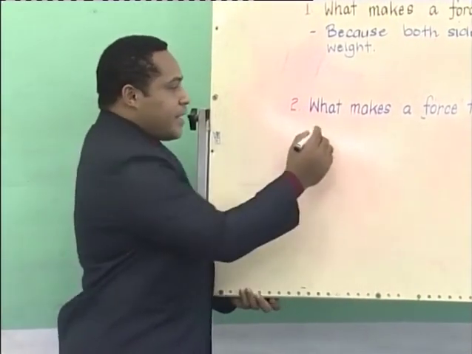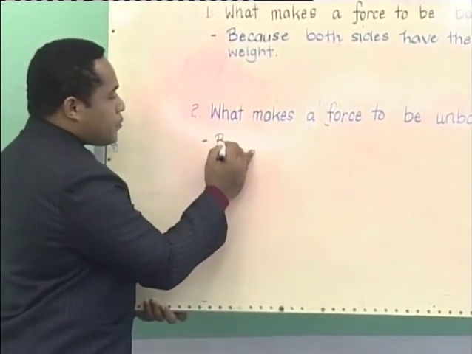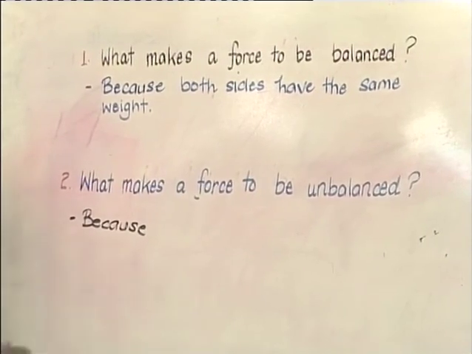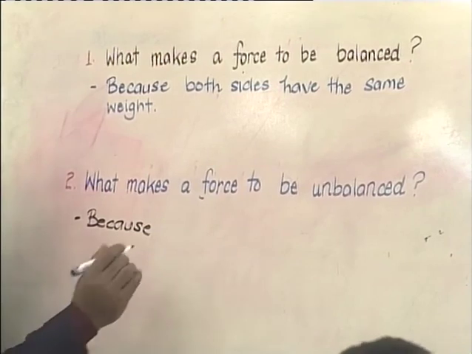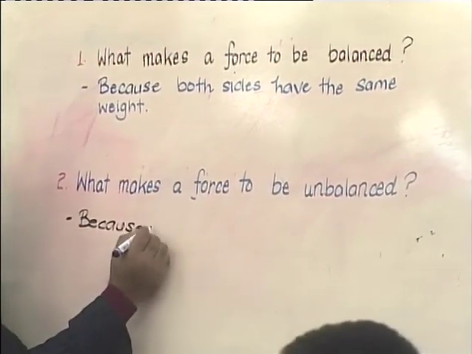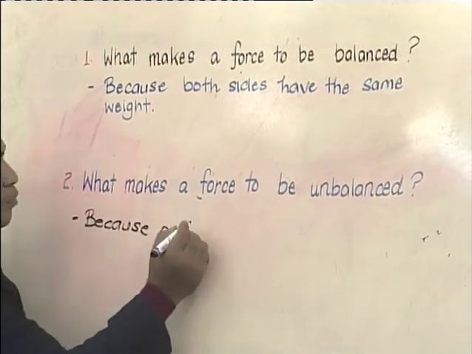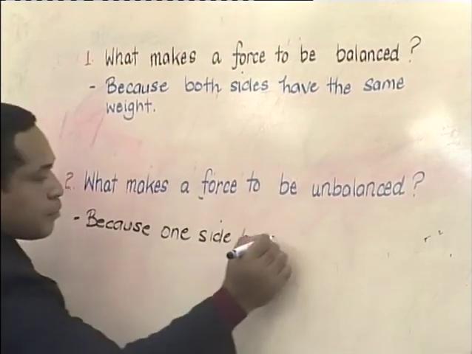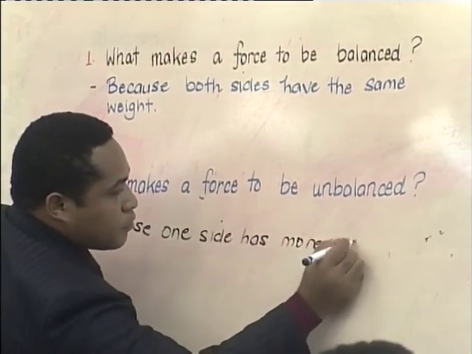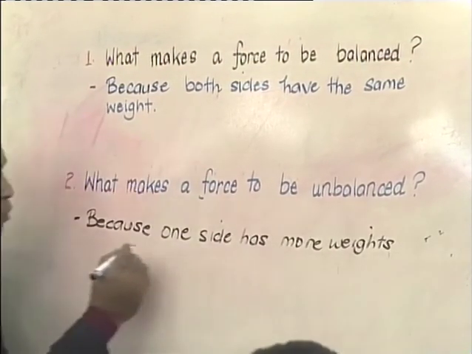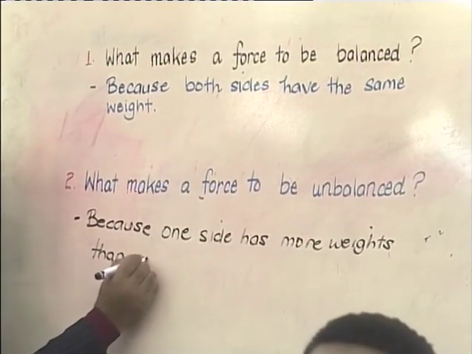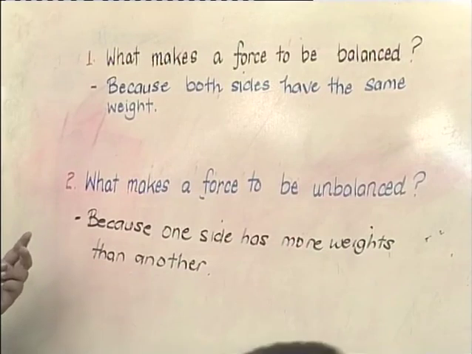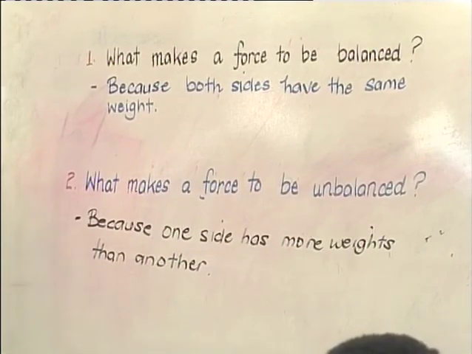So, all in all, we can say that because one side of the beam balance has more weights than the other.